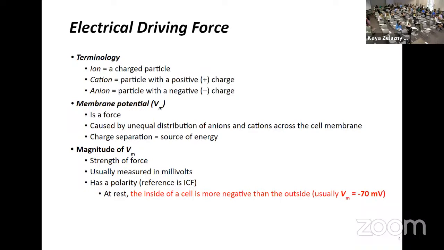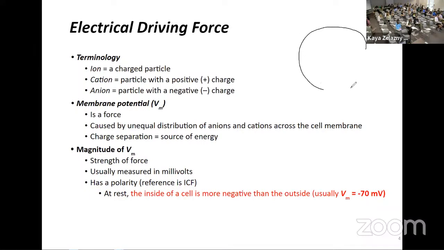Now the part that is going to be new, these are just defining a lot of the vocabulary terms we're going to be talking about. It's probably the membrane potential. Okay. So when we have a cell, inside, ICF, outside, ECF, I'm not going to draw them on right now.